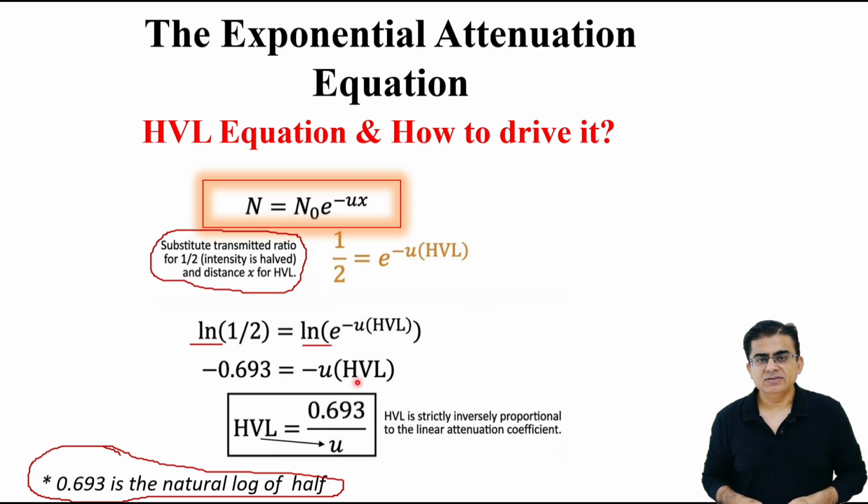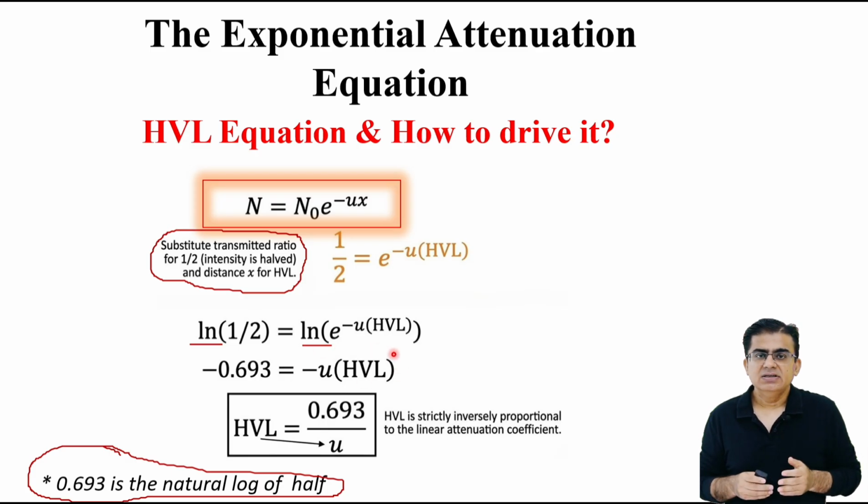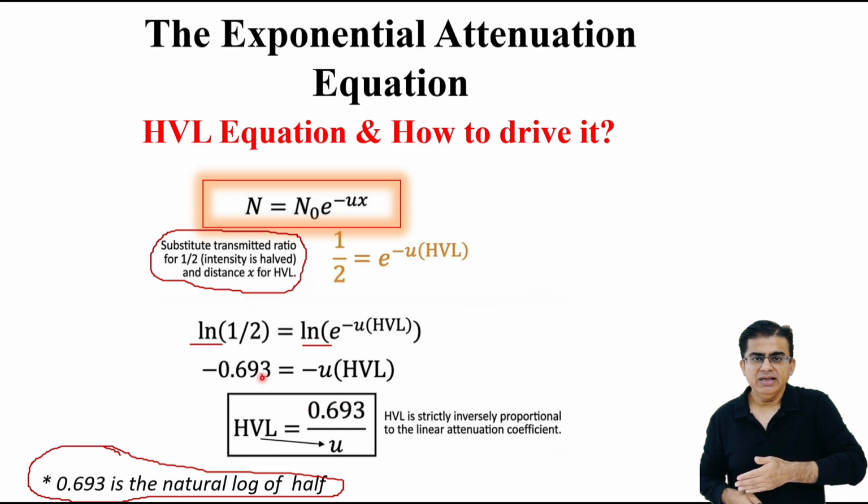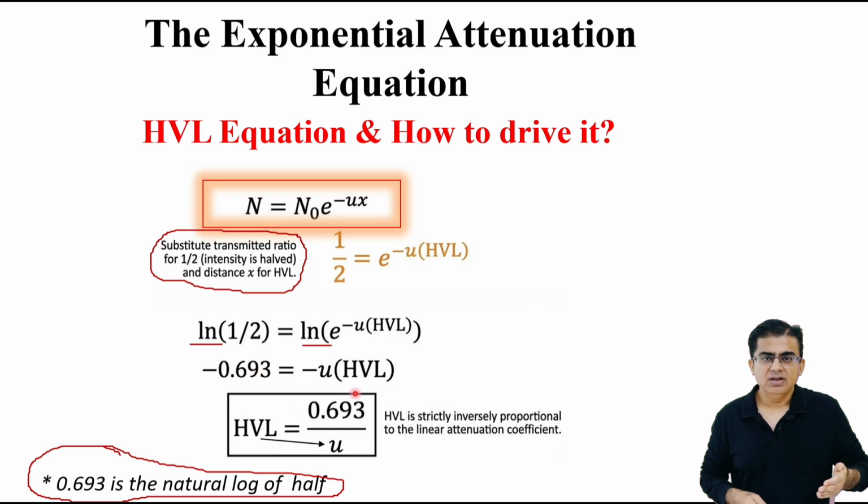This simply leaves us with exactly minus mu multiplied by HVL. We can now easily cancel out the minus sign on both sides of the equation. Finally, we just move the 0.693 to the right side and bring HVL to the left to completely isolate HVL.